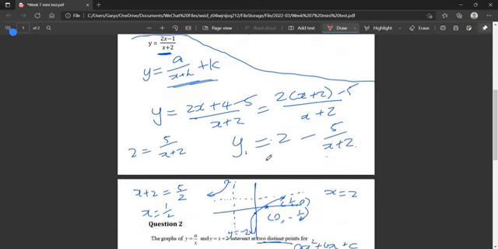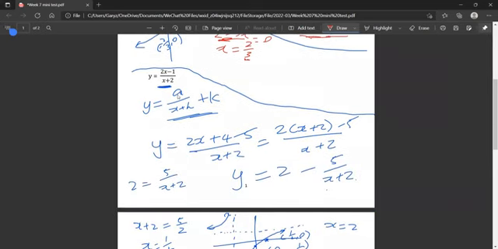Okay, for our third graph, from looking at this, we can tell it's a hyperbola graph, and we don't have to, but I think it's better to put it into this form here so we can work out the horizontal and vertical asymptotes easier. To do that, we find the common factor of the denominator through the numerator. We see that the denominator is x plus 2. So we can put the numerator as 2x plus 4 minus 5.